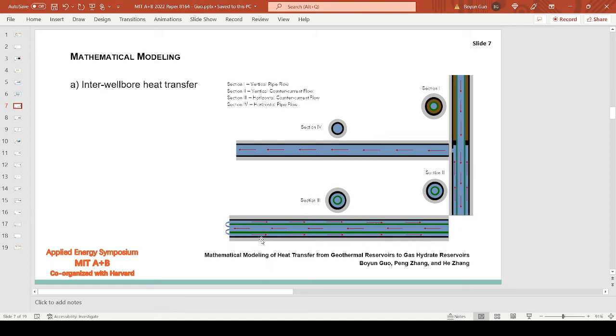They have counter-current flow in the horizontal section. You have one direction flow in the wellbore in the gas hydrate zone. I do not have time to describe these analytical models, but I will show you the result.